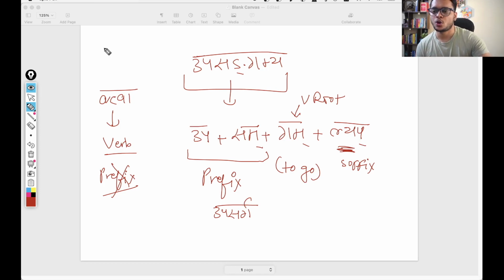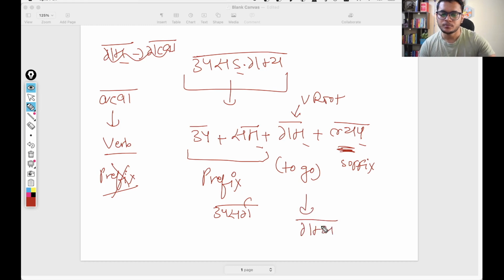Suppose you only had this gam dhatu without any prefix, then you would have used the twa suffix and the word would have become gatwa. But since we have a prefix here, gam dhatu uses lyap pratyay and becomes gamya. And then you add the prefix also, so the entire word becomes upsangamya.